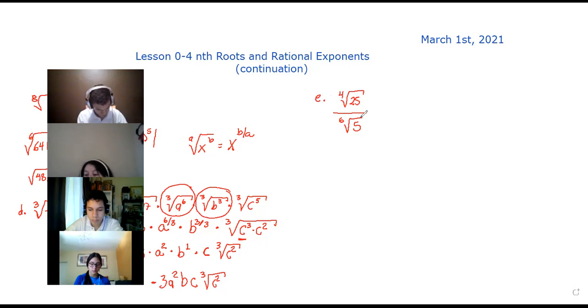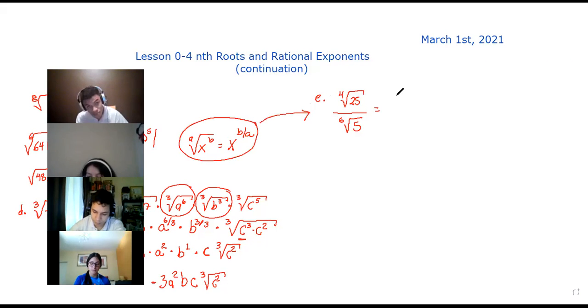To simplify this expression, I will use this property. Keep this property in mind because this is the one that we're going to be using a lot. I am going to rewrite this radical expression as a power with rational exponents. So I will write this as 25 to the 1/4 divided by 5 to the 1/6.